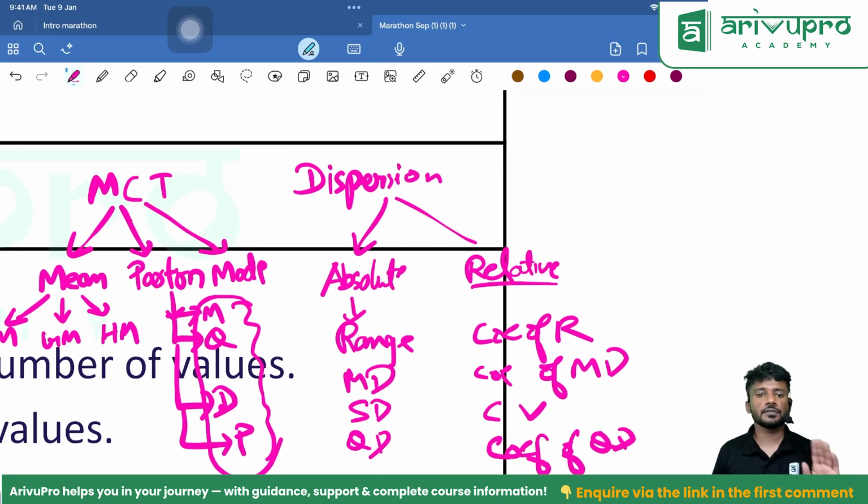These are the only things we are going to study in this chapter. But there are a lot of questions and concepts to study, because there can be direct one word questions, which means direct 1 mark questions. Only 1 mark questions are there in your examination.